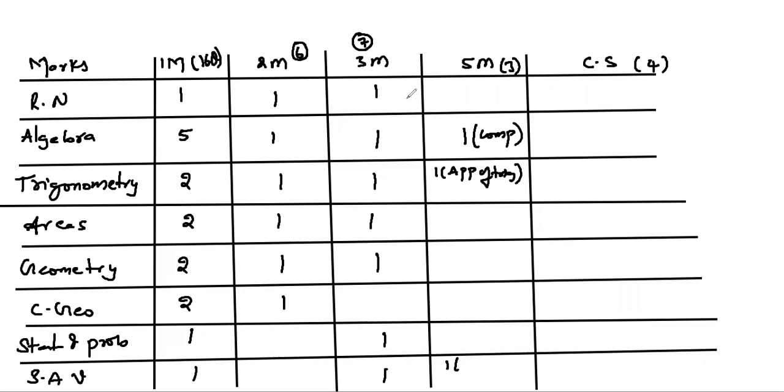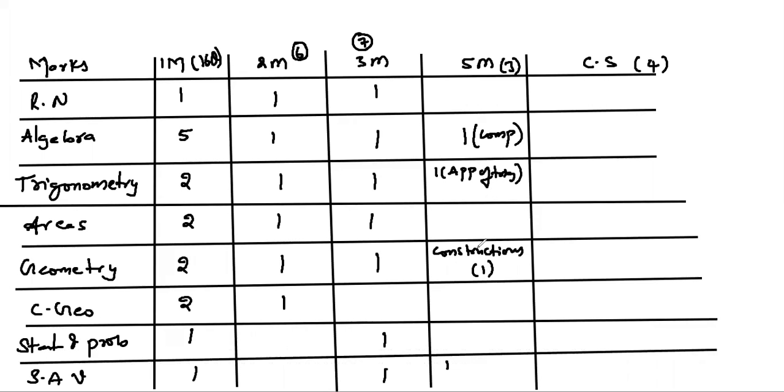And here, there is a chance of getting one more question from constructions in geometry. If this question comes for 5 marks, what will happen? The trigonometry question, applications of trigonometry, will come for 3 marks, and this will come for 5 marks.